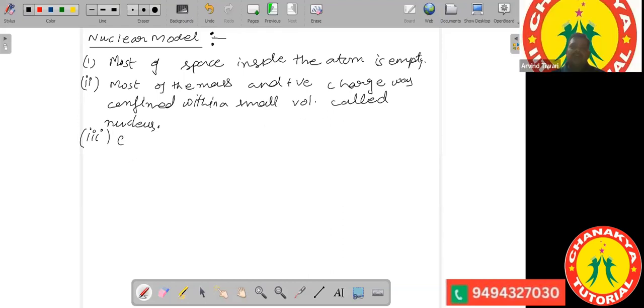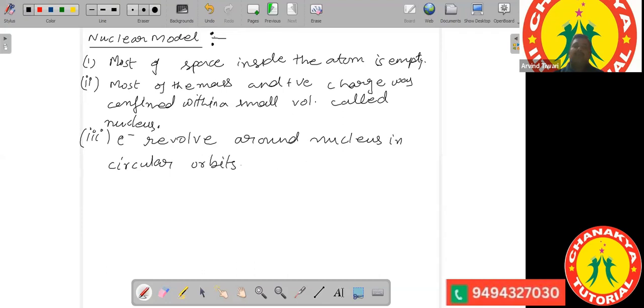The third one was that electrons revolve around the nucleus in circular orbits, just like planets revolve around the sun.